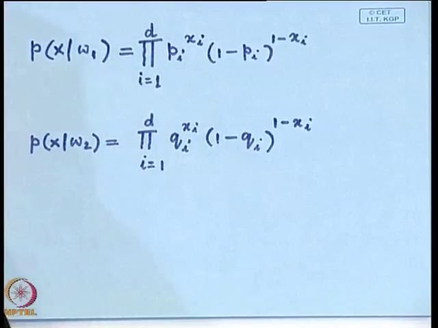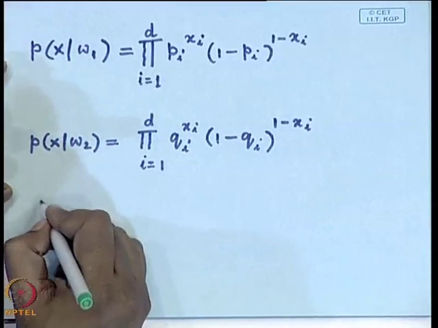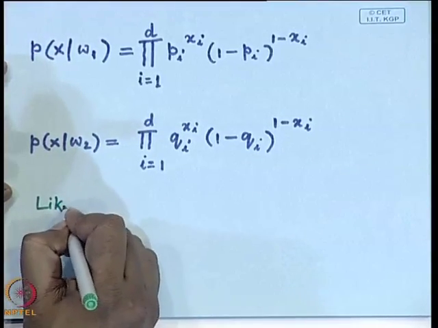Now, from here I can find out what is called the likelihood ratio.